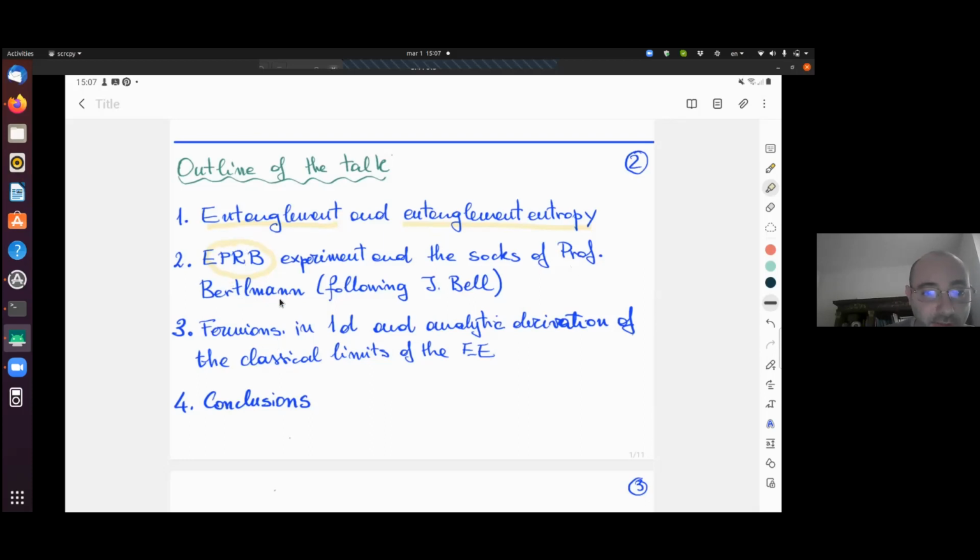This is a very simple but useful idea to understand the classical limit of entanglement.